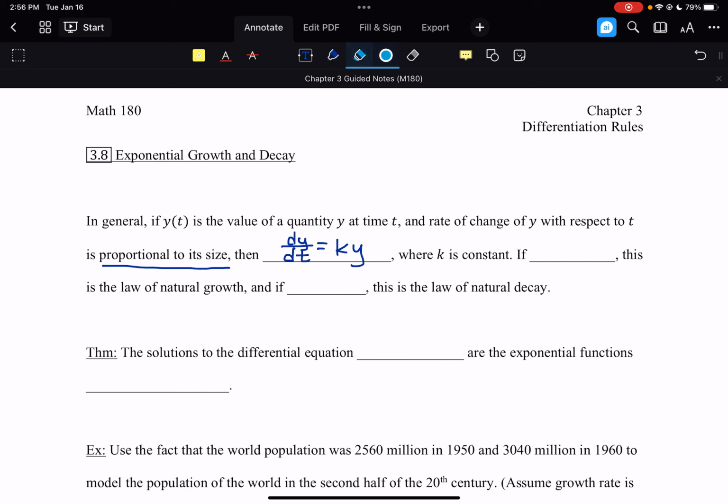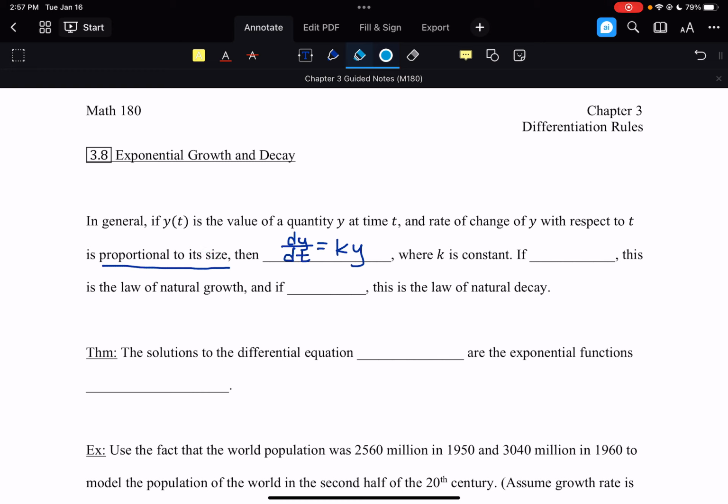So when we say that the rate of change of y with respect to t is proportional to its size, that means the faster the rate changes, the larger the size gets, and the slower the rate changes, the smaller the size gets.